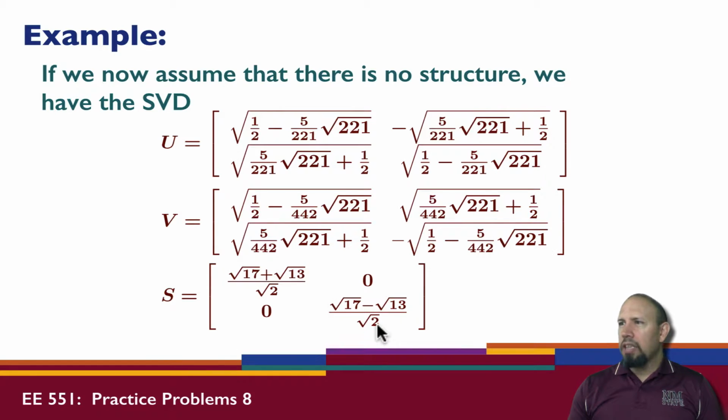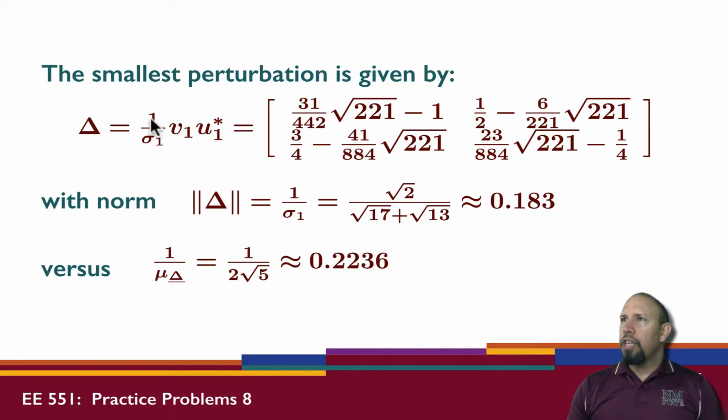They're still both positive. Okay, and so again, the smallest perturbation, in this case multiplicative perturbation, is given by this expression, which comes out to be this. And the norm of that is 1 over sigma 1, which is this quantity, which is this number. When we go through and compute 1 over the largest singular value, we get this number.